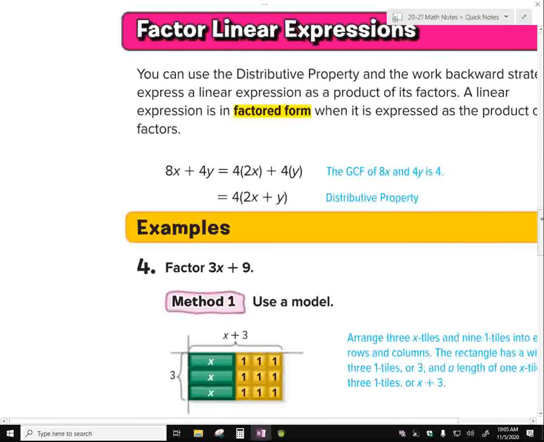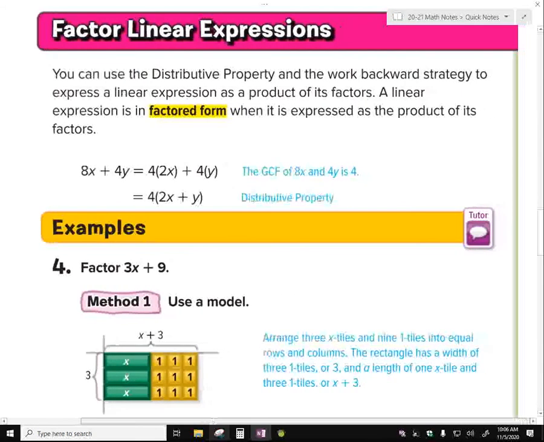All right, part two of this homework and lesson. You can use the distributive property to work the backwards strategy to express linear expressions as a product of its factors. A linear expression is in factored form when it is expressed as a product of its factors. So, for example, we're working backwards to figure out what is the greatest common factor.